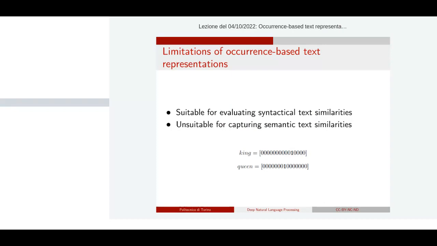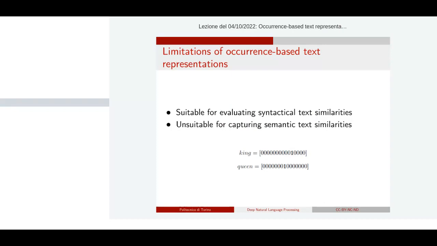So the information, the meaning, the message conveyed by the text is not represented by the syntactical features. Also, you lose something which is crucial in many natural language understanding applications.